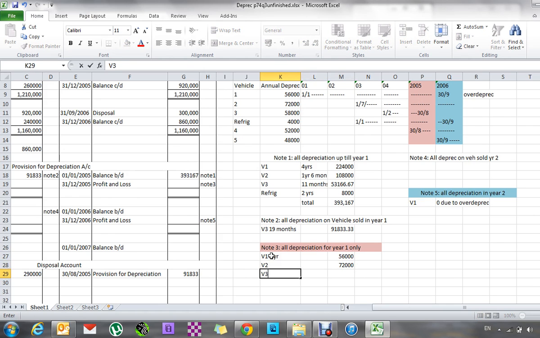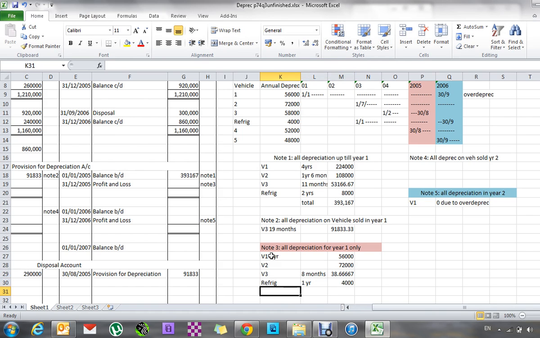Vehicle 3 I had for part of the year. So the depreciation that happened only during this year is going to be 8 months. So that's going to be 58 grand times 8 over 12, or 2/3. And then we also had the refrigeration, which we had for a full year, and that's 4 grand.